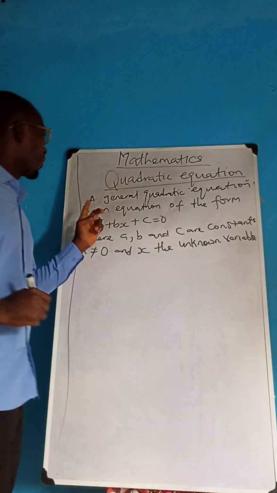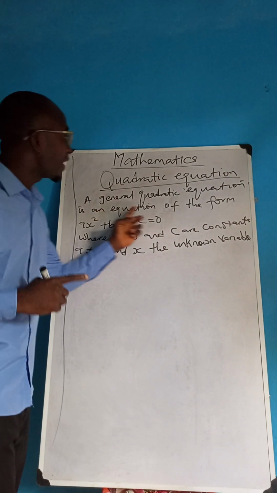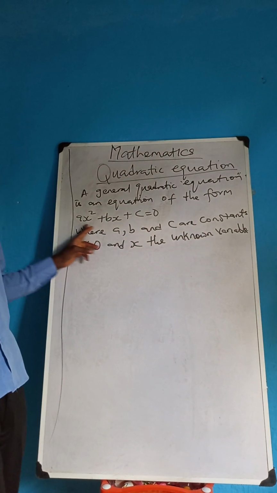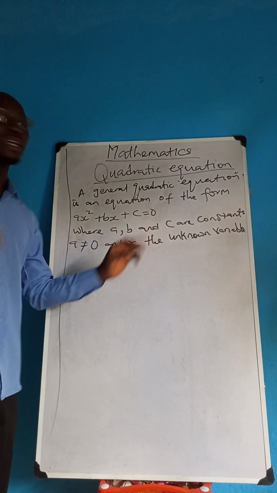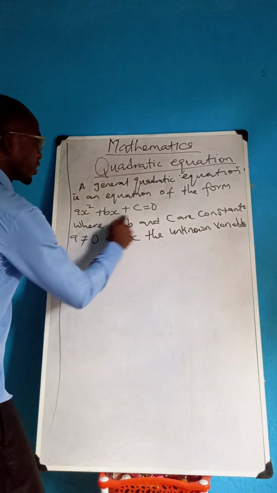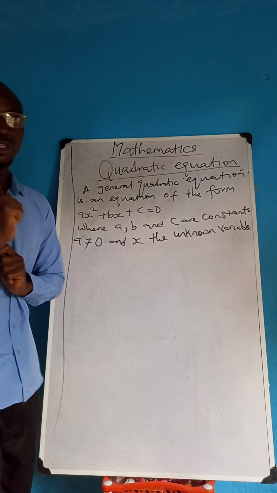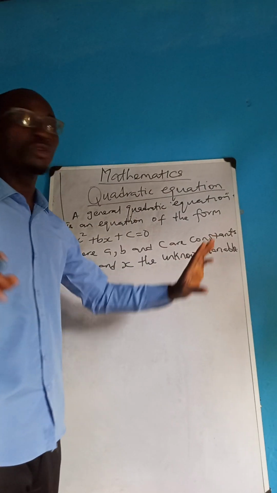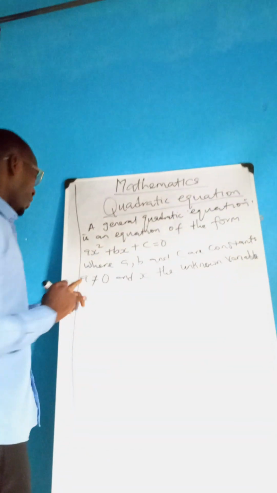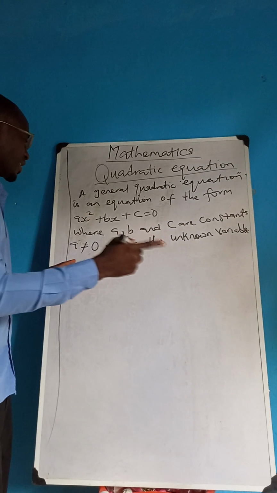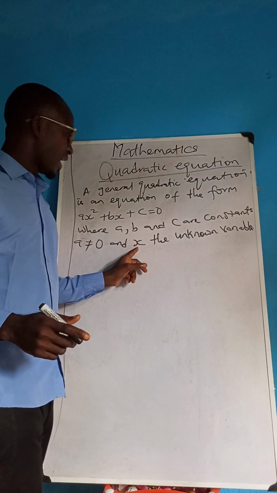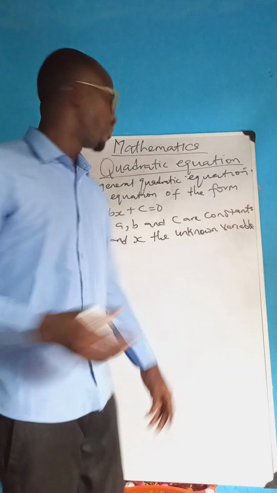Go with me. Now, a general quadratic equation is an equation of the form ax squared plus bx plus c equals 0. When you see a question like this, you know it is a quadratic equation. Where a, b, and c are said to be constants, a is not equal to 0, and x is the unknown variable.